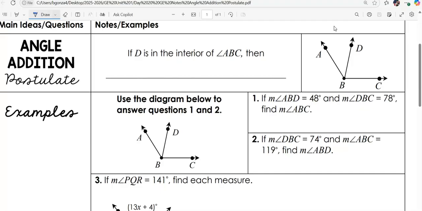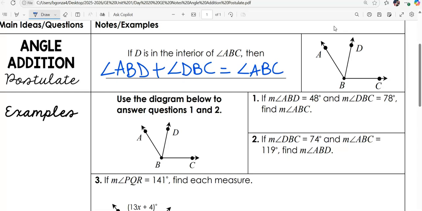Up top here on angle addition postulate, if you have D somewhere interior of ABC, what we know is that this left part, angle ABD, plus this right part, DBC, equals the whole thing ABC.